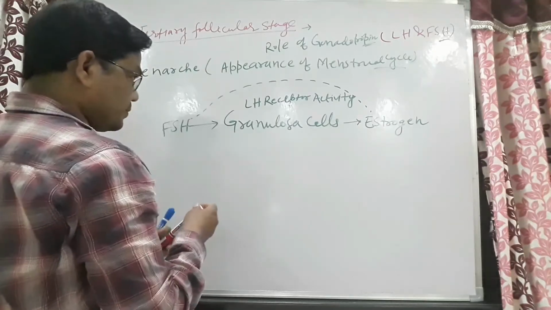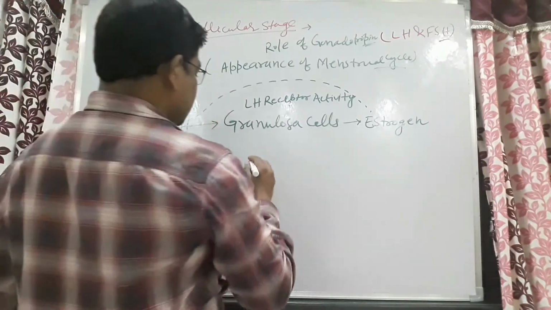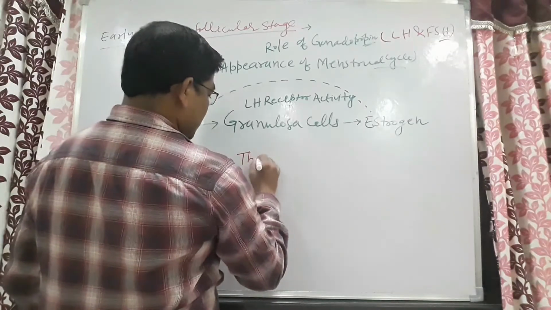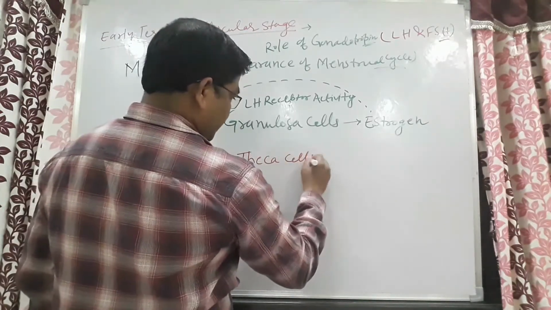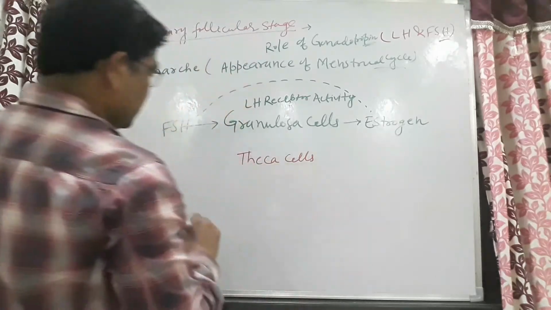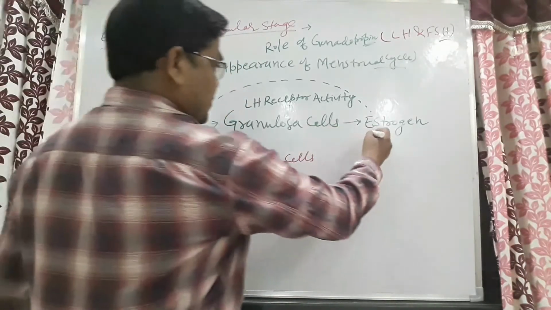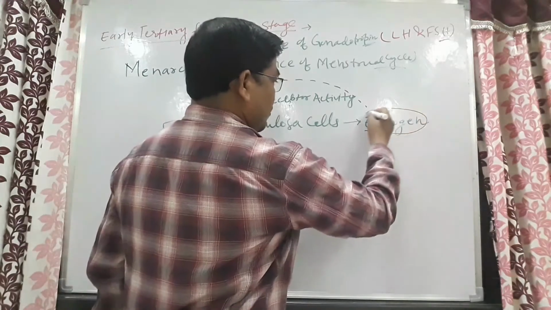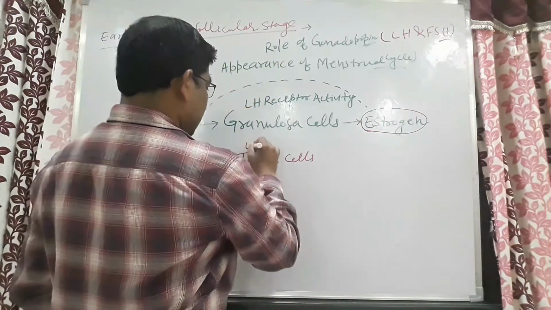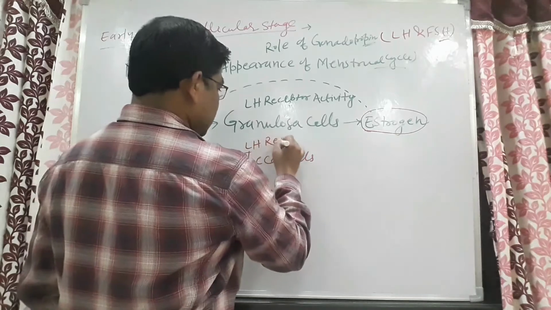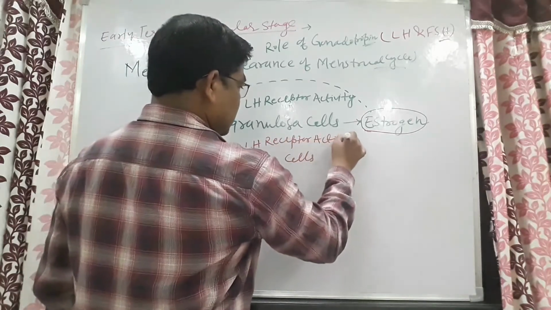And in the early tertiary follicular stage, these theca cells have also developed well. This estrogen produced here will also induce LH receptor activity in the theca cells also.